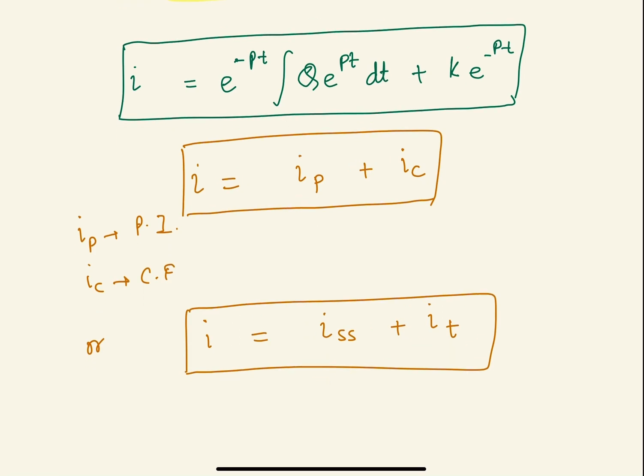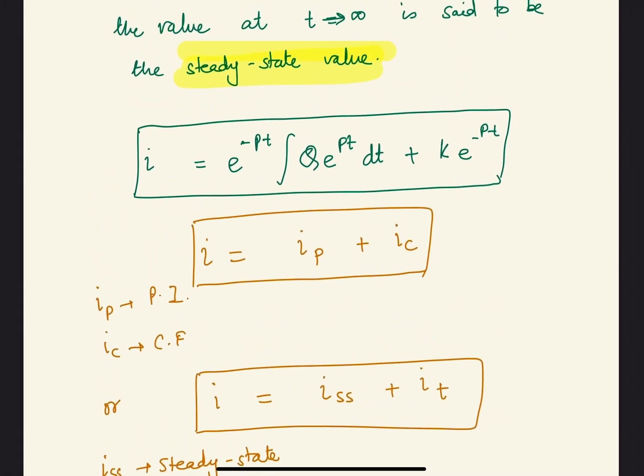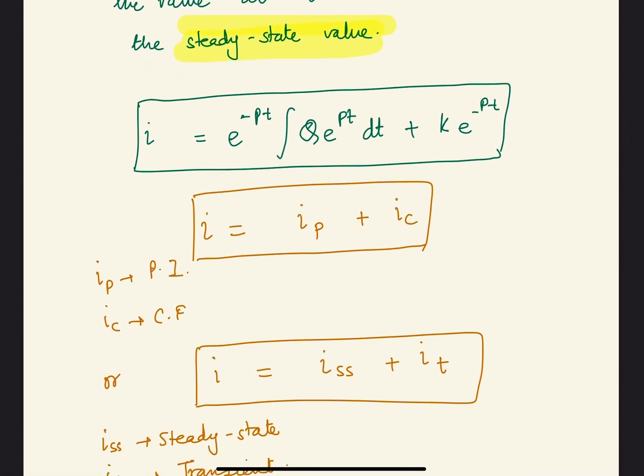So we'll make two quick notes here. This ISS is the steady state value and IT is the transient. Okay, so this is about the integrating factors.